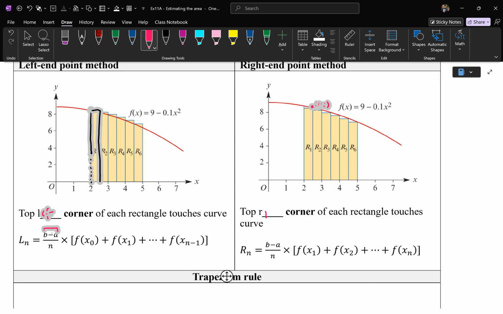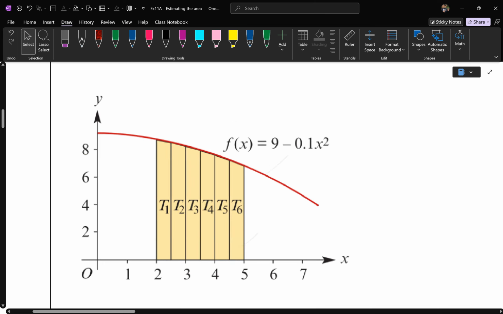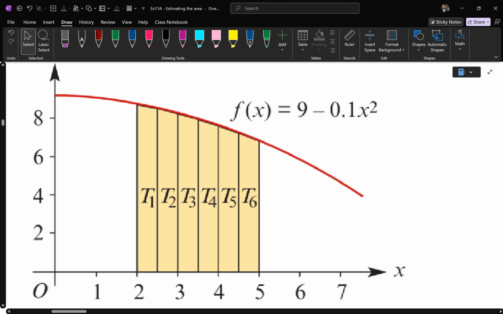So here, if you fill them in, it's top right and top left corner. The key things to note are the first y value and the last y value, which are the difference between the right end and left end. Okay? The trapezium rule is meant to be a better estimate. With the same graph and the same number of rectangles, have a look at the graph here. It looks much better.